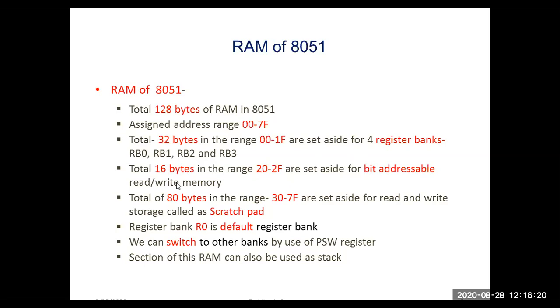Okay, you can read that particular bit, or you can modify that particular bit. After that, remaining 80 bytes in the address range of 30 to 7F are set aside for read and write storage, and it is called as scratchpad memory. Means user can use it for any purpose, for temporary storage.